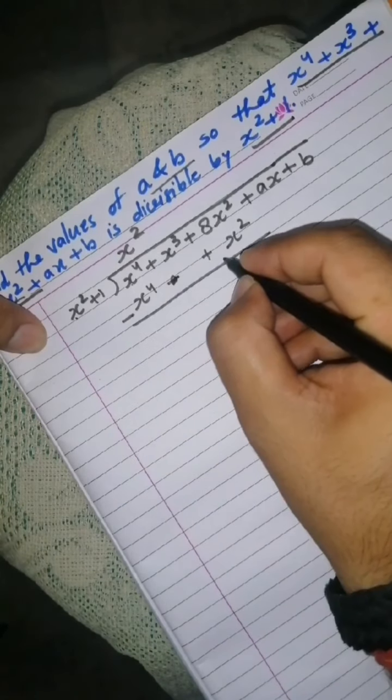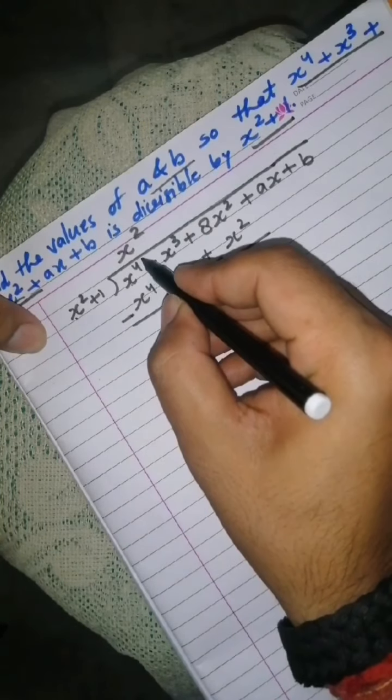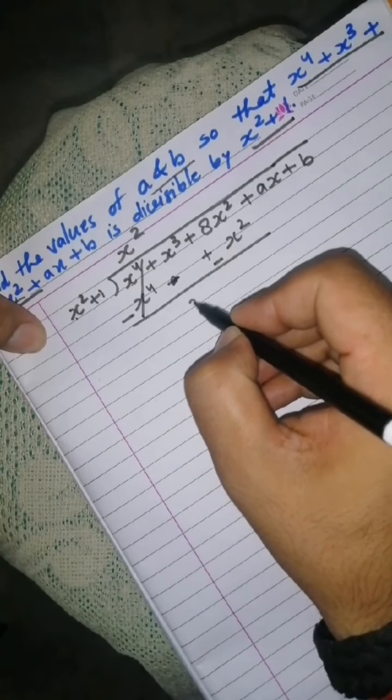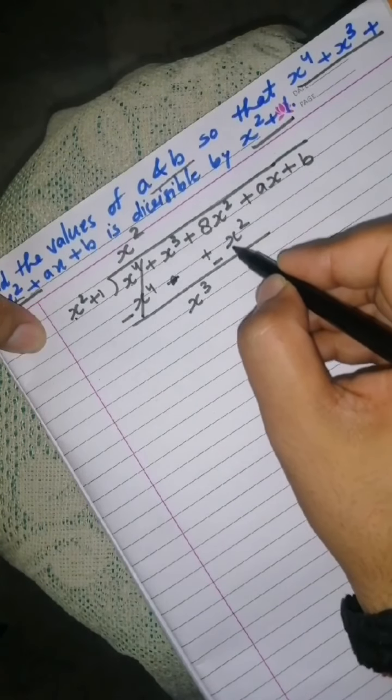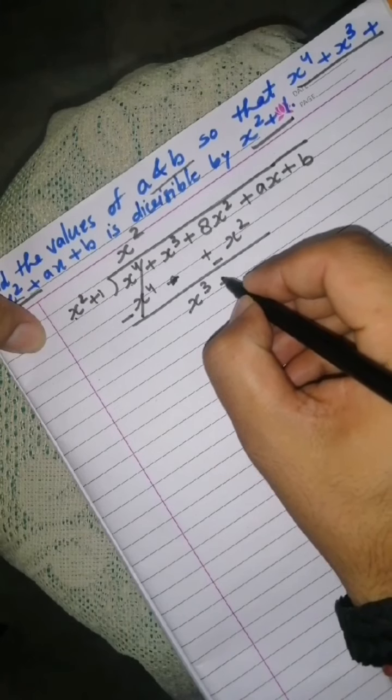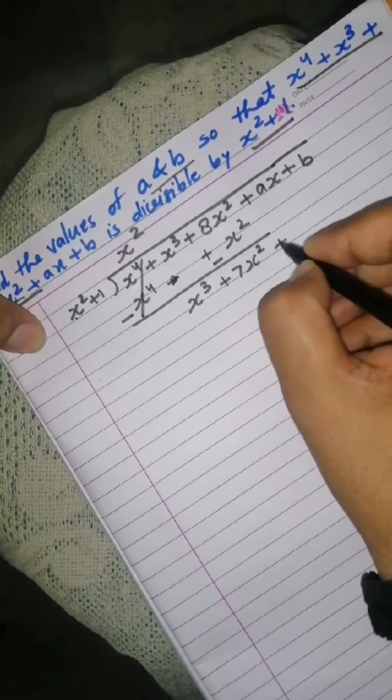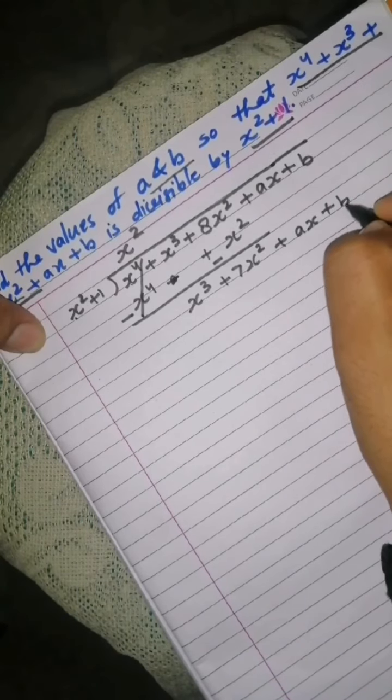Now negative, this is also negative, so this x to the power 4 cancelled by x to the power 4, it will be x to the power 3, 8x square minus x square means plus 7x square, and plus ax plus b, it will be the same.